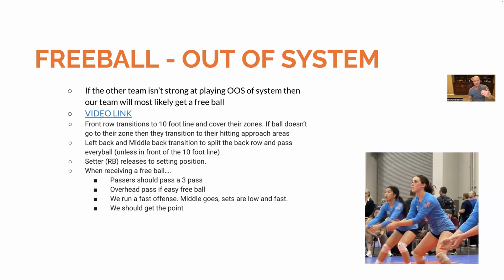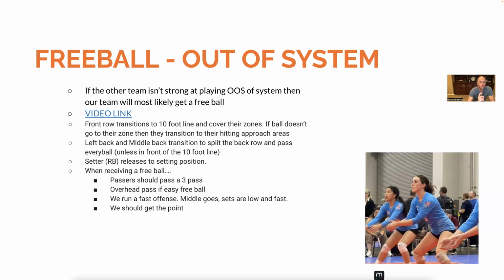Whenever a free ball is coming over, number 1, the passer should pass a 3 pass, meaning that pass needs to be a great pass right to the setter's area. Number 2, overhead pass if it's an easy free ball. If they give you an easy one, we just take it with our hands. We find that it's more accurate if we just take it with our hands.